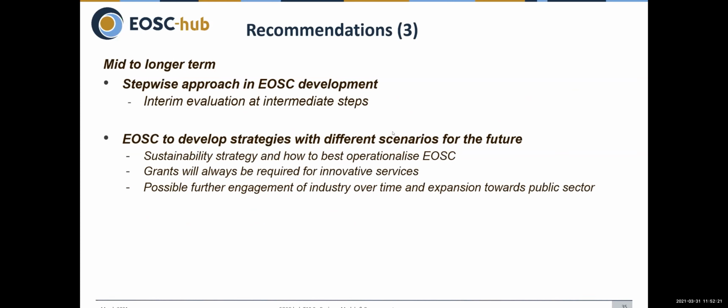There is the RIA, of course, and different scenarios for the future, a sustainability strategy, and how to best operationalize EOSC. Grants will always be required for innovation. There is a cycle, with the innovation services, then some services are put into operation and so on. So this continues, and possibly in the longer term, further engagement of industry and expansion towards the public sector, with citizen science and things like that. But this is probably far away.